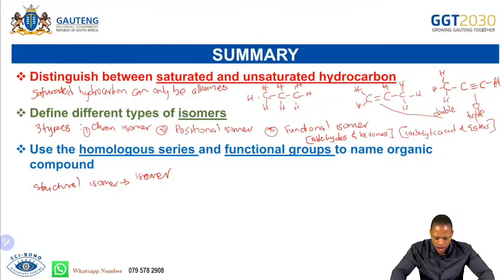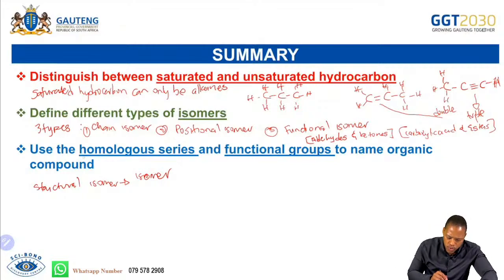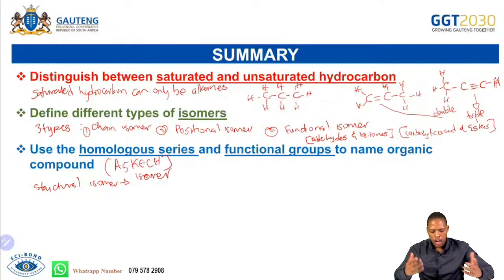And then lastly, what I want you to know for this lesson is: are you able to use the homologous series and functional groups to name organic compounds? Of course, with the use of the R5 catch table, or whatever you name that table, because a lot of people give this table different names.